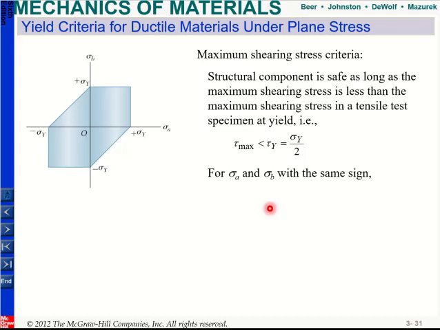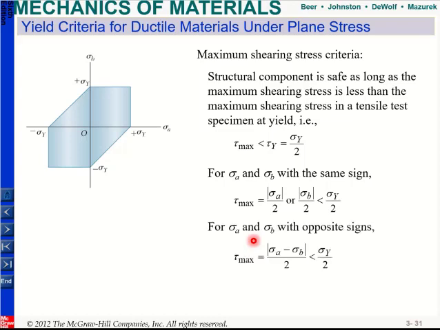Again, to find your maximum shear stress, you find sigma A and sigma B, your maximum and minimum stresses. If they have the same sign, you just need to find the maximum value.